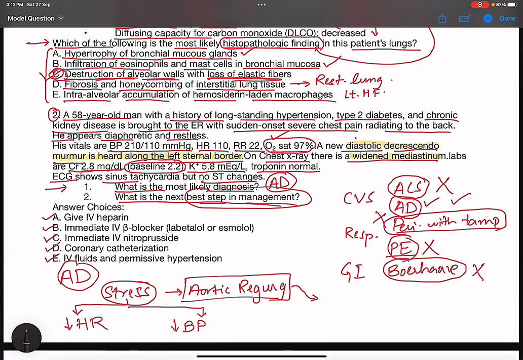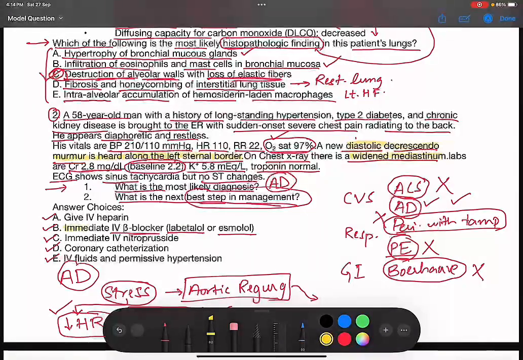So we have to pick an option which decreases both heart rate as well as blood pressure. So the correct option is to give immediate IV beta blocker like labetalol or esmolol. It would decrease both heart rate as well as blood pressure.